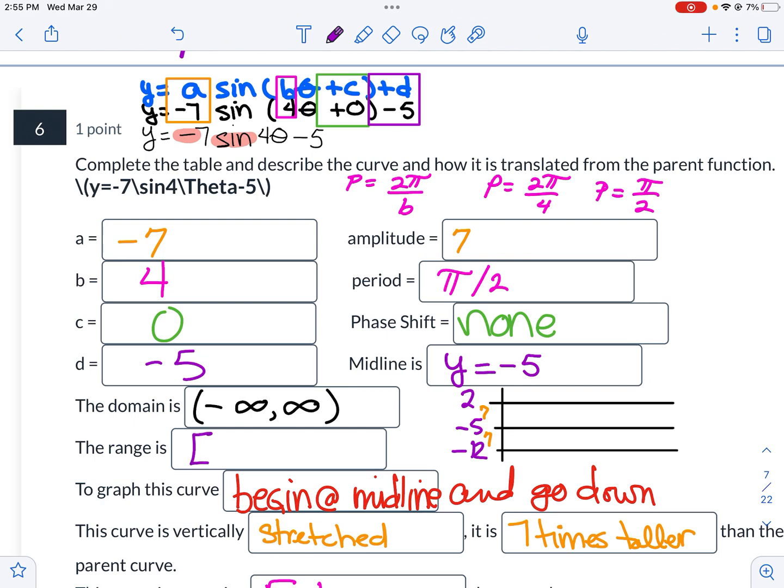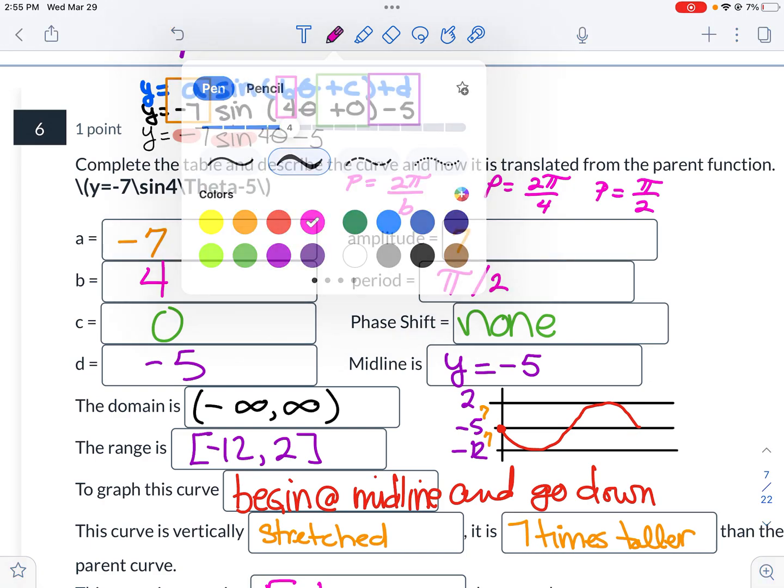So the range is -12 to 2. And the graph would start here, go down, come back to the middle, go up, and end at the middle, and that would be half a pi.